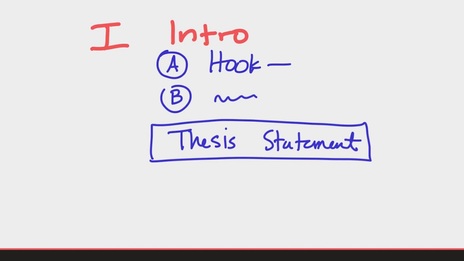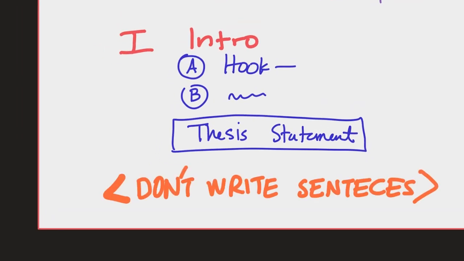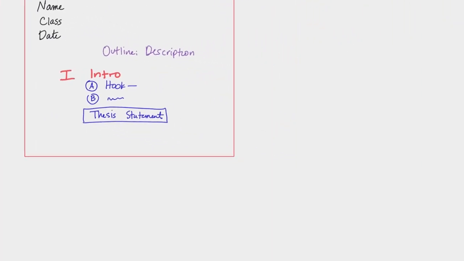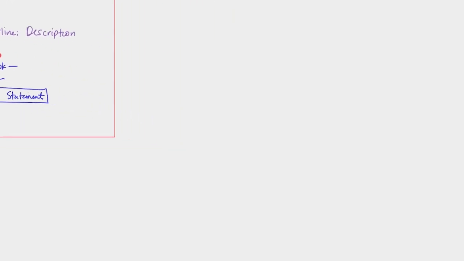It's going to be probably the only sentence in your whole outline, because other than the thesis statement, don't write sentences. Now, some instructors will tell you you should write a sentence for each paragraph. And that's okay. If your instructor wants you to do that, that's okay. But I prefer that you don't.